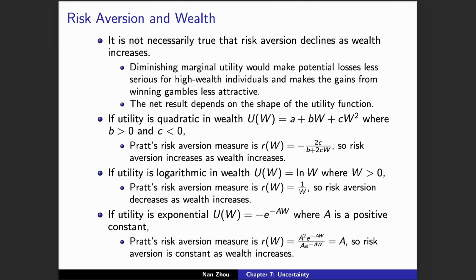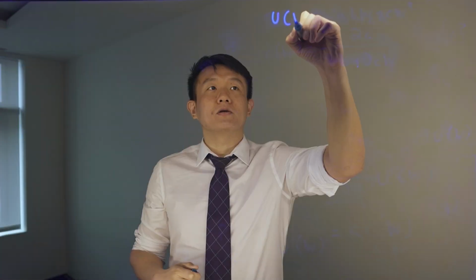Losing a bet feels less significant, but winning also feels less significant if your starting wealth is higher. So ultimately, the relationship between wealth and risk aversion is going to depend on the exact shape of the utility function.